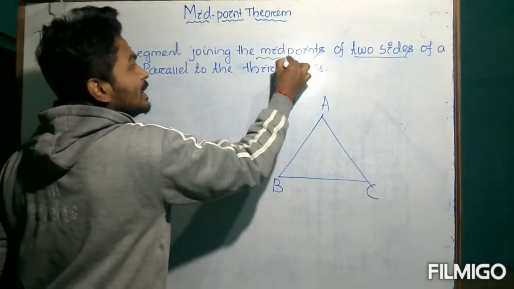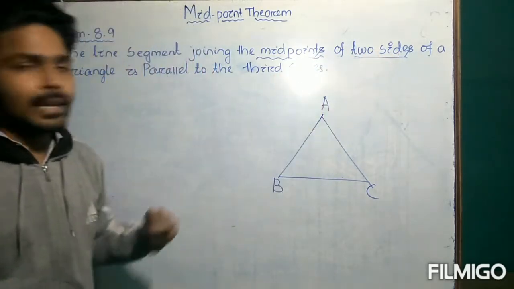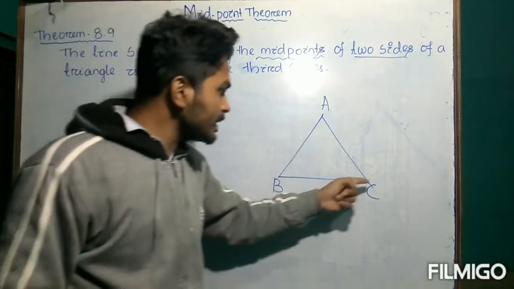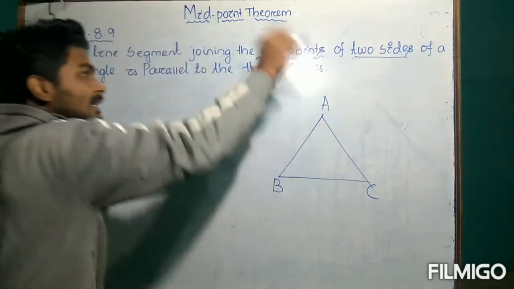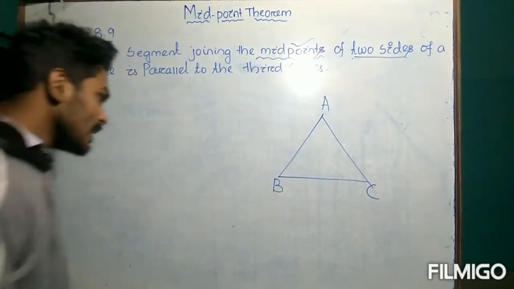So we have to find the midpoints of any two sides of this triangle. Since this triangle has three sides, AB, BC and AC, out of the three sides we have to take any two sides and then find their midpoints. Clear?